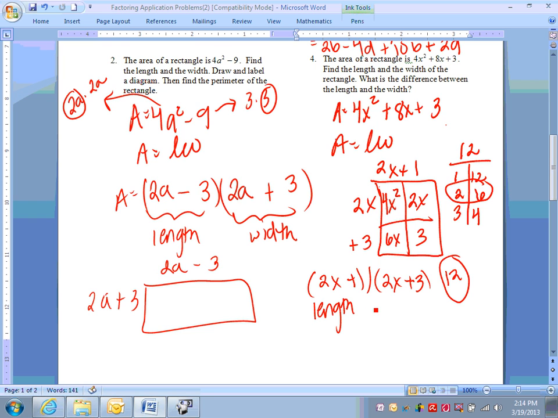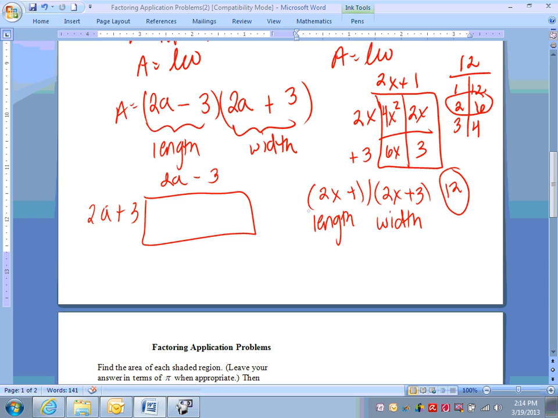And this time, instead of asking us about the perimeter, they want to know the difference between the length and the width. So what I do now is I subtract my length and my width. So I'm going to do 2x plus 1 minus 2x plus 3. And when we subtract, the negative is distributed and changes the signs inside of the parentheses, so it makes it the opposite.